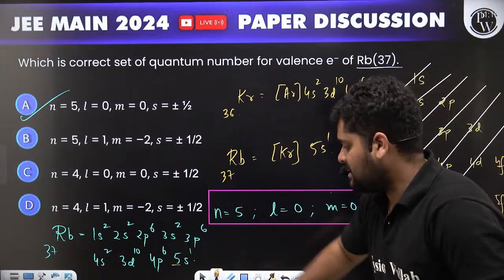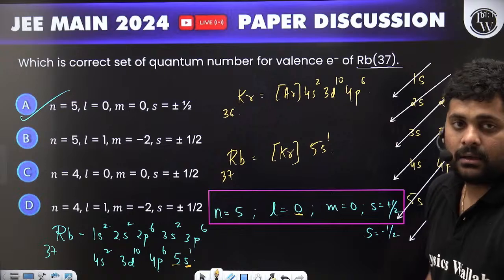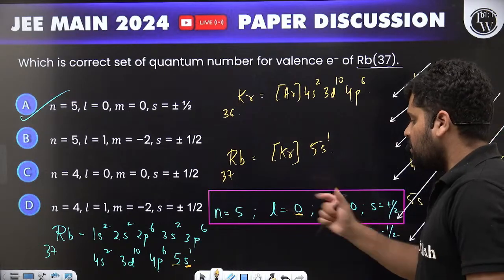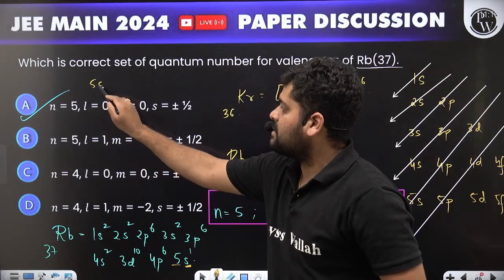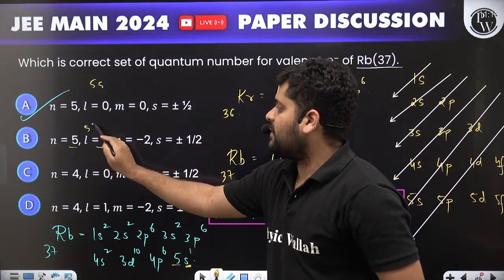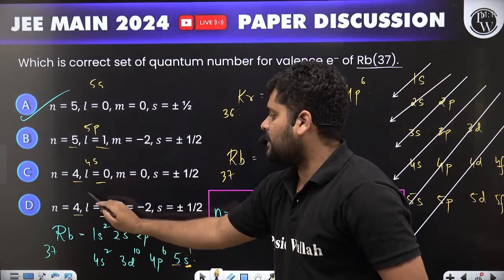Since it is s, the azimuthal quantum number is 0. If it is p, azimuthal quantum number will be 1. See, 5 and 0 represents 5s. 5 and 1 represents 5p. 4 and 0 represents 4s. 4 and 1 represents 4p.